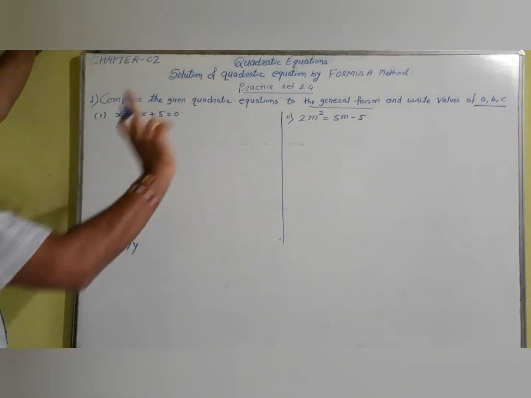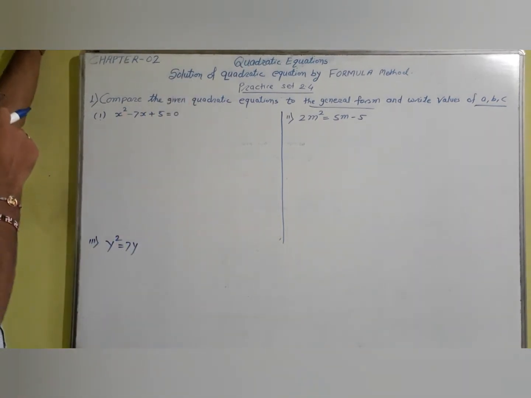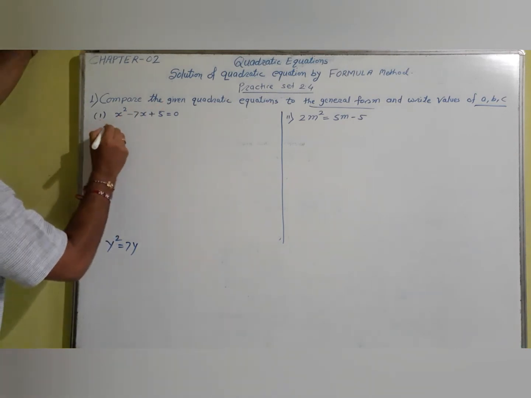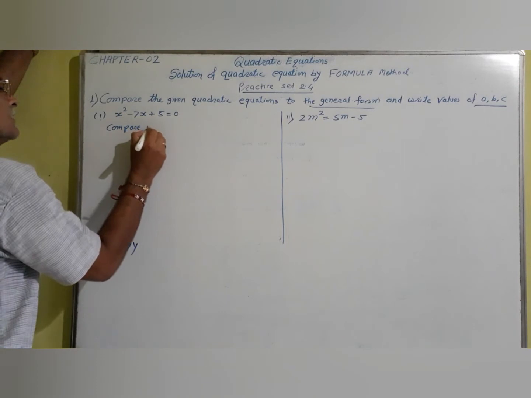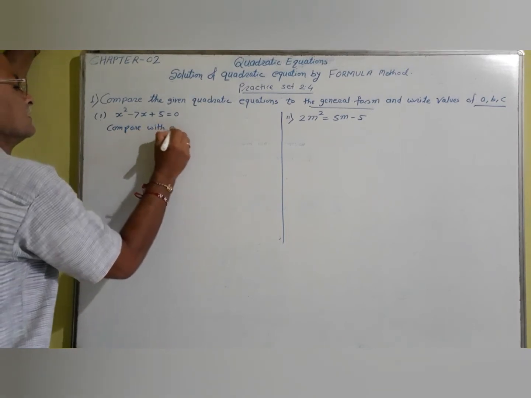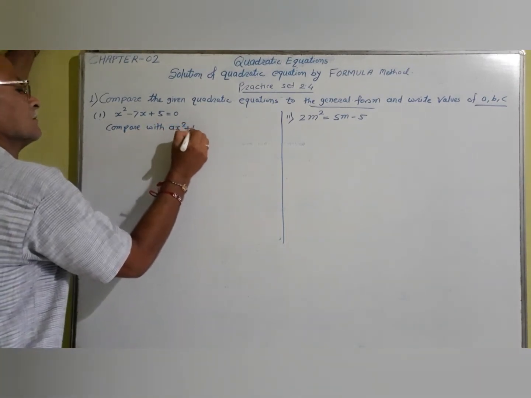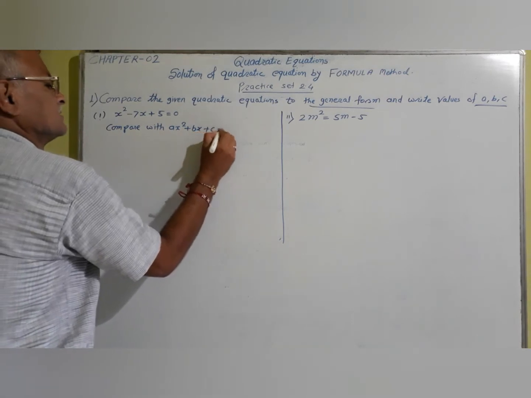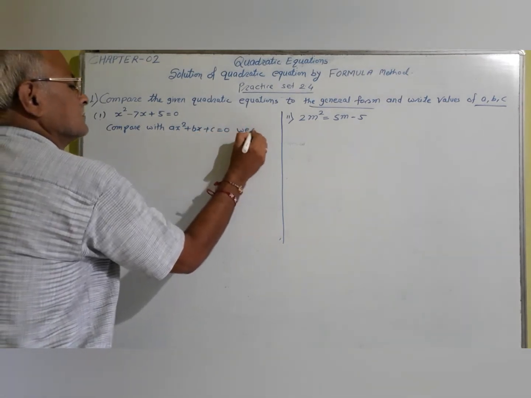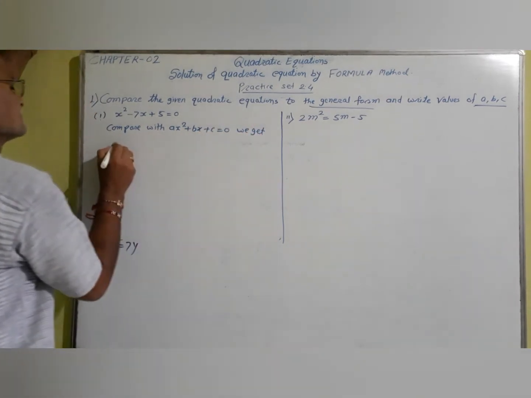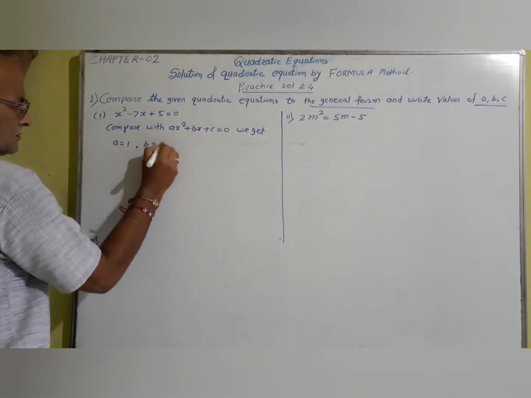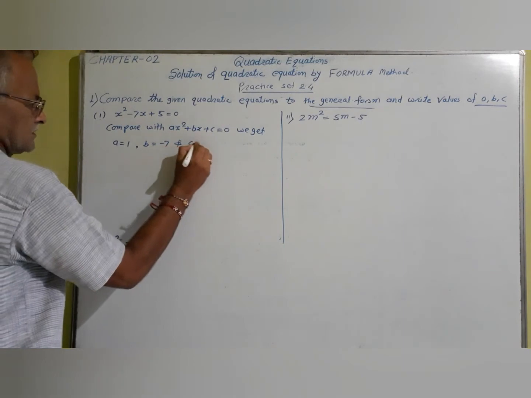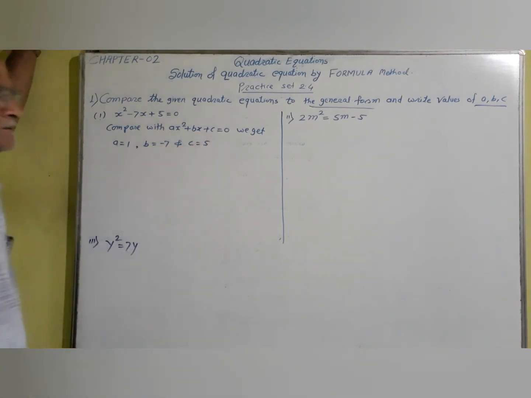It is in the general form of the quadratic equation, and therefore we just compare here. Compare with ax square plus bx plus c is equal to 0. We get a is equal to 1, b is equal to minus 7 and c is equal to 5.